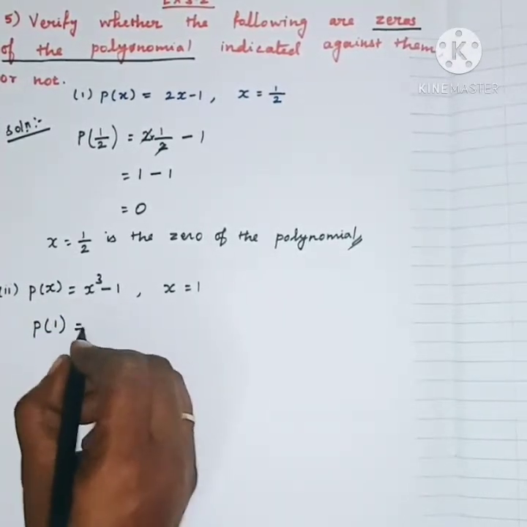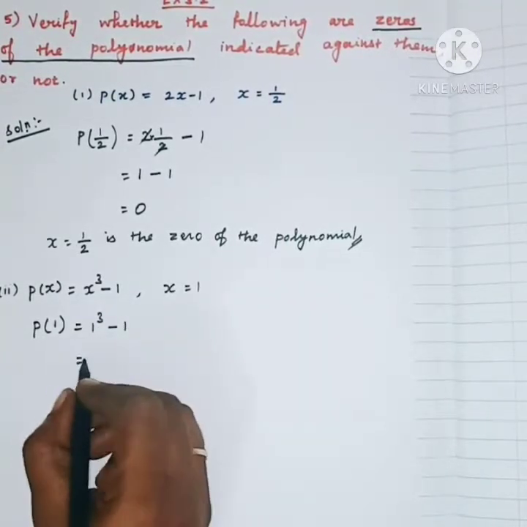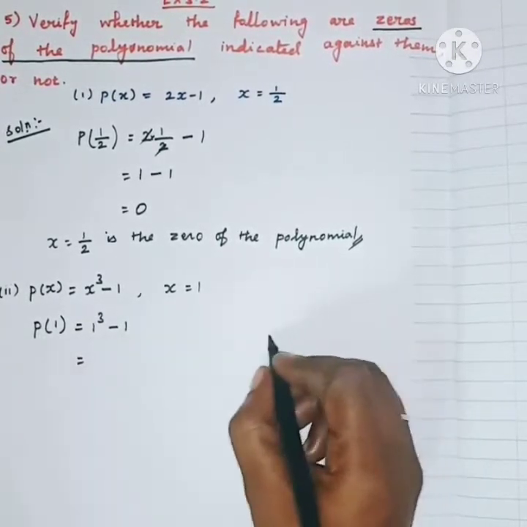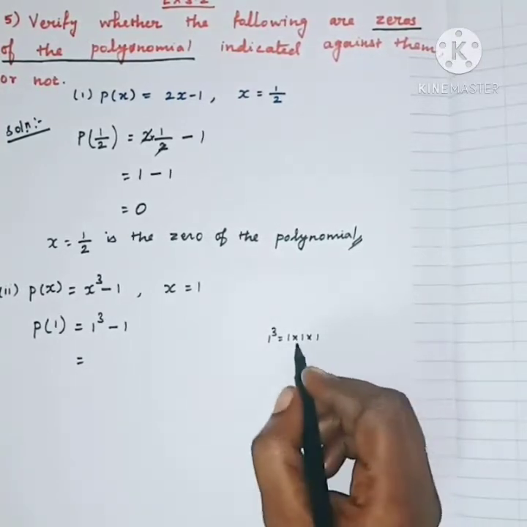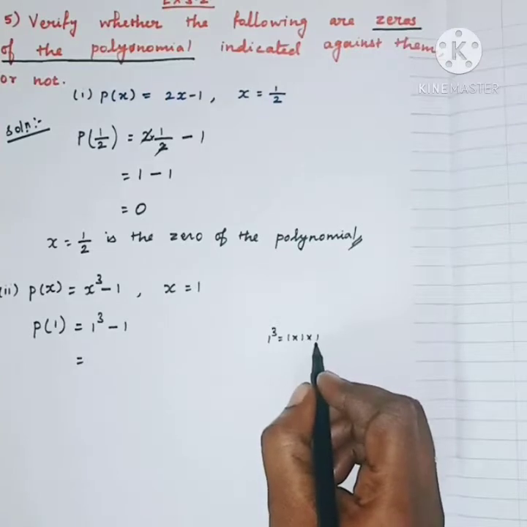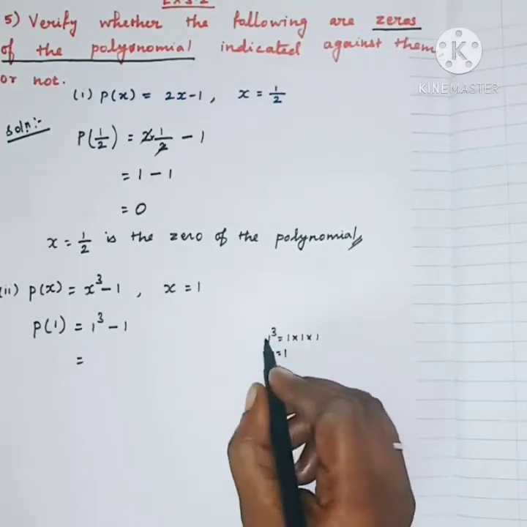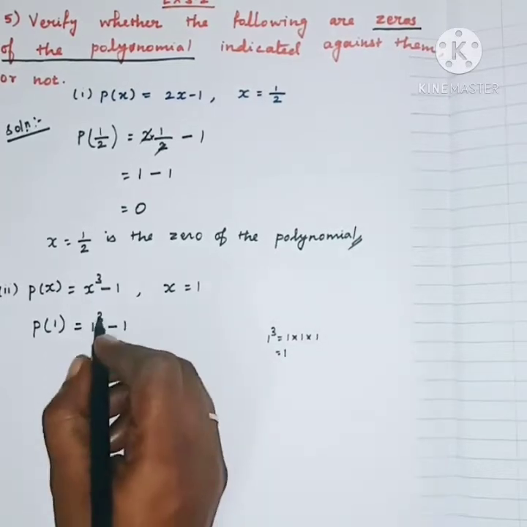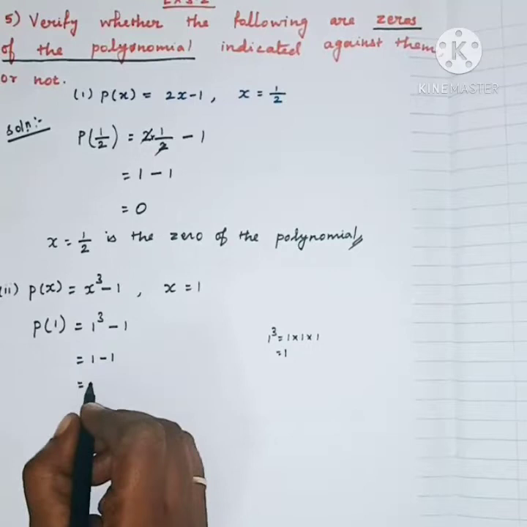So, x is equal to 1. We have 1 cube minus 1. 1 cube is nothing but 1 into 1 into 1. We have to multiply 1 three times. So, 1 ones are 1, 1 ones are 1. So, 1 cube will become 1. So, 1 cube is 1, minus 1. We will get 1 minus 1 is 0.